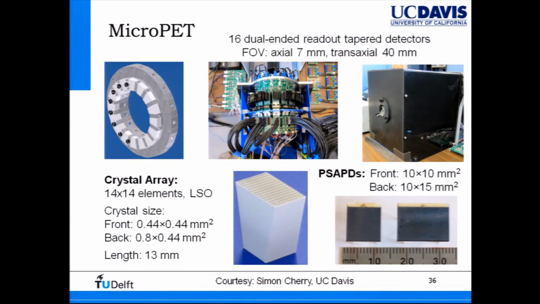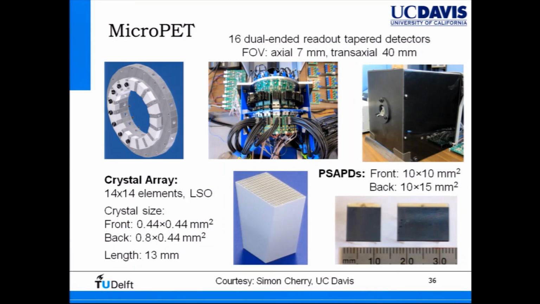Of course, this ring is very small, so if you don't use the taper, you're going to get pretty large triangular dead areas in between your detector modules. And of course, this gives you an enormous number of channels in your system. And to deal with that, he is using so-called position-sensitive APDs.